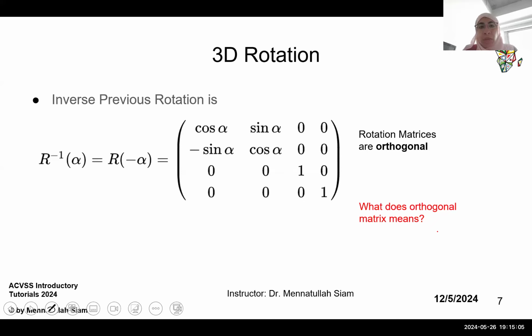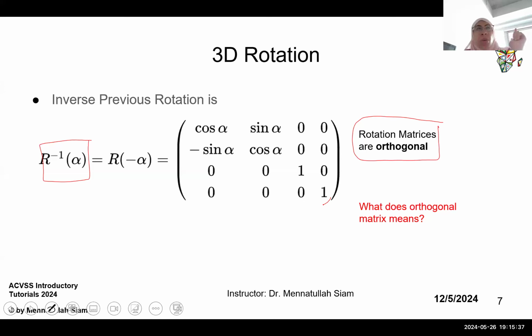So the inverse, which is just rotating with the negative of the angle, you will see is actually a form of just doing a transpose. Why? It's always important to remember that rotation matrices are orthogonal, meaning that each column is orthogonal to the other columns, and the same for the rows as well.